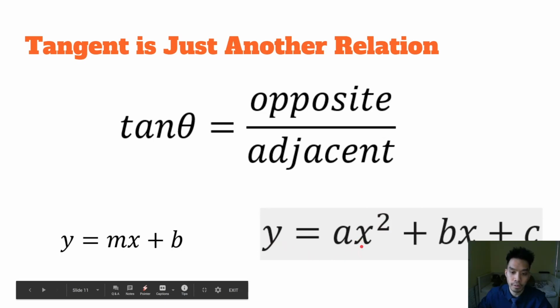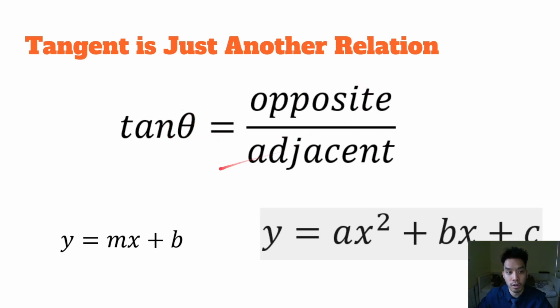And this described a lot of projectiles like firecrackers or things we launch in the air like rockets. Okay, it's just relating time and height of the rocket, or horizontal distance of the firecracker and its vertical distance. This is just relating the angle with the ratio. Every angle for every right angle triangle has a ratio. Okay? And we're just relating angle with the ratio of opposite to adjacent.